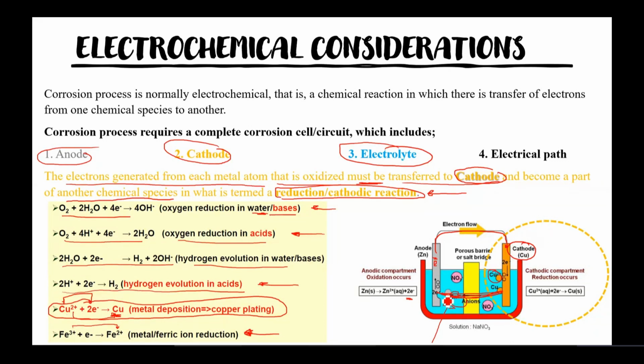So the electrolyte is necessary, and in order for the electrons to move from the anode to the cathode, you also need an external path that completes the electrical circuit. So the presence of electrolyte for the ions and the presence of an electrical path to complete the circuit are necessary for the corrosion reaction to propagate. It's not just the anode and the cathode; these components are necessary for the process to take place.